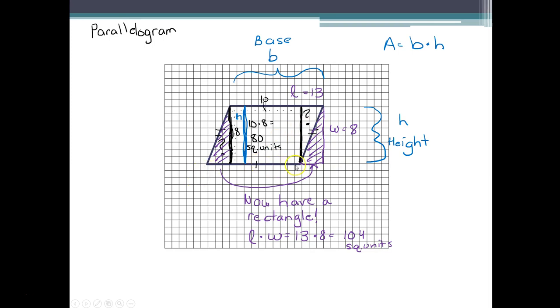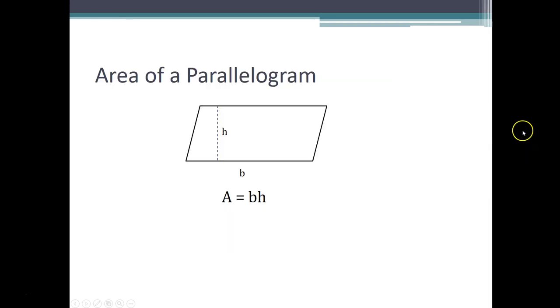Instead they say the base, or like the bottom, or the top's the same. And then the height is that straight up and down distance, not the slanted distance. If you draw the height segment, it makes a right angle. But there you go, area of a parallelogram, base times height.